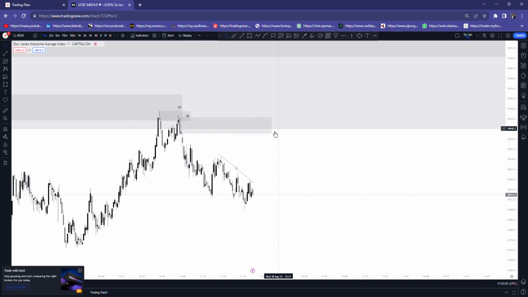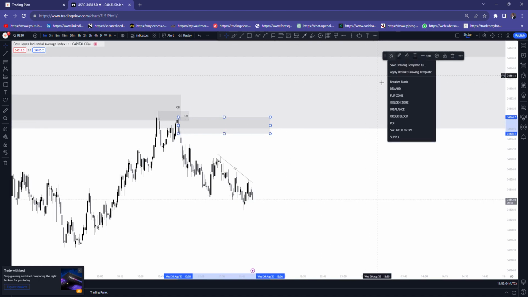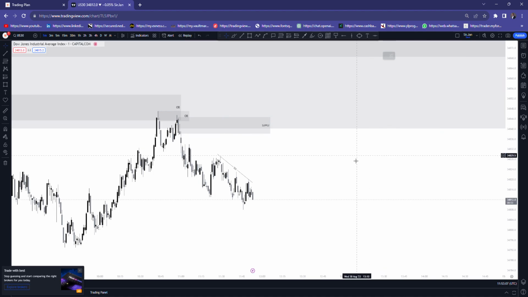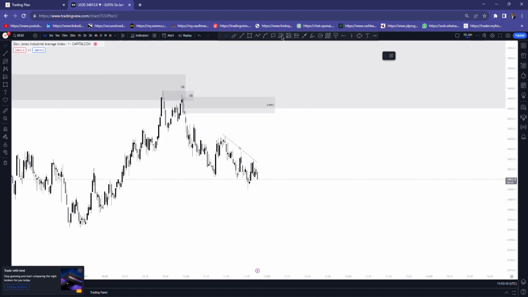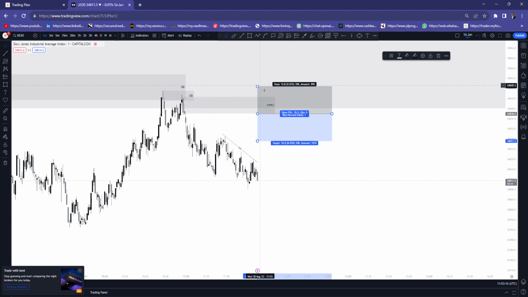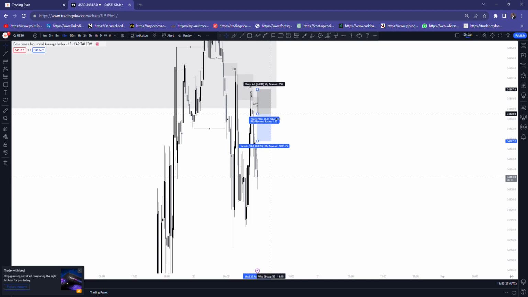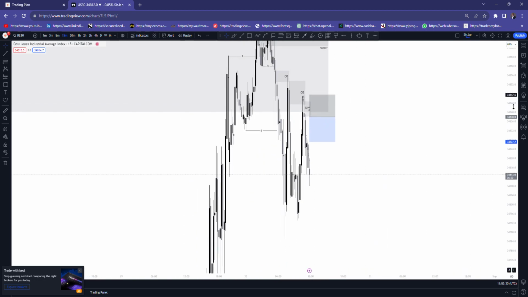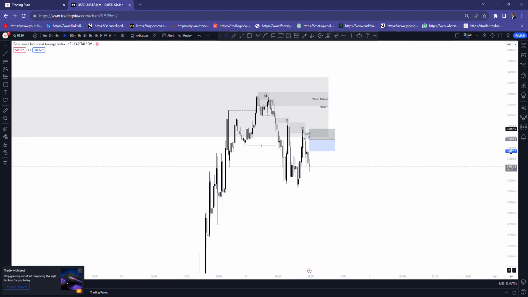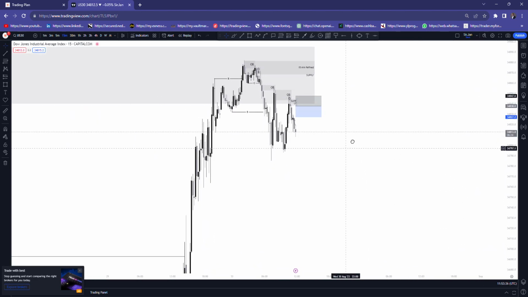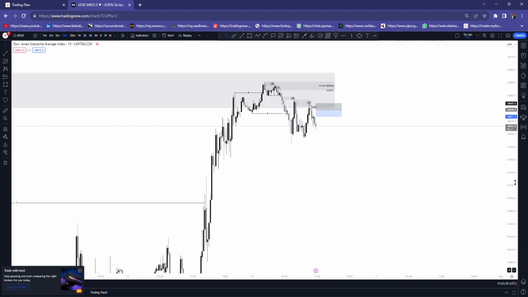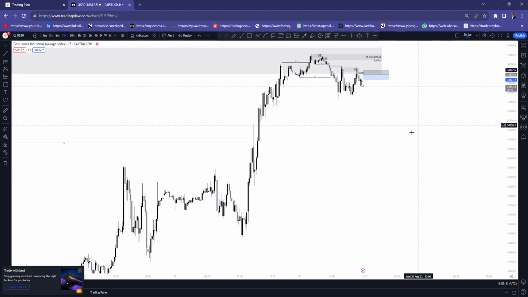But yeah, I'll actually put my entry here and take my stop losses here. Then go to 15 and see what am I targeting. The stop loss is quite big, but there's a reason for that.